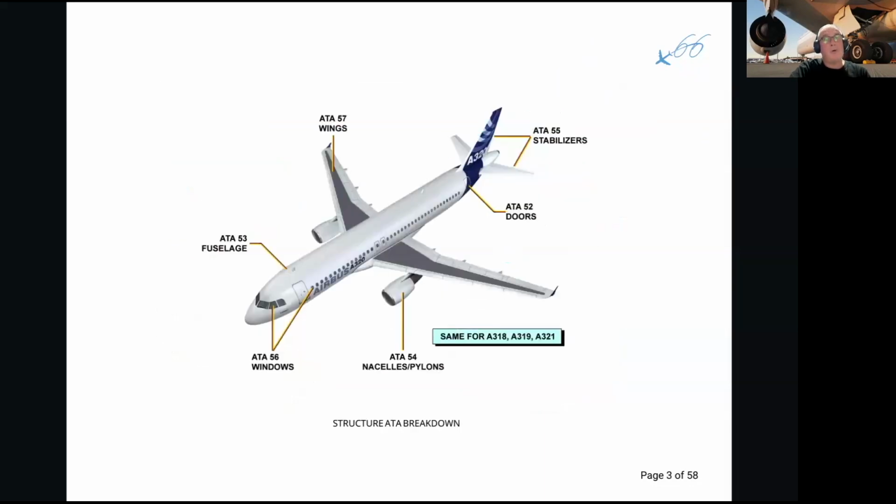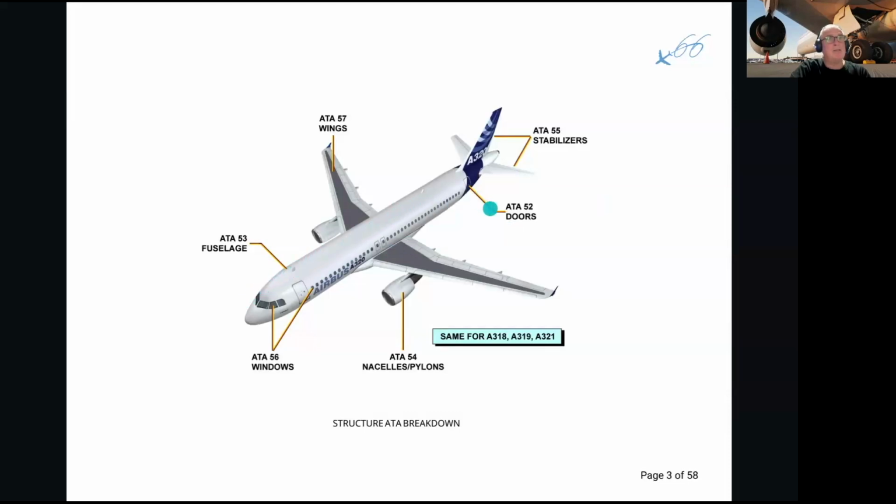On all four models that we have for the 320, they are all categorized. They have ATA chapters in the following sort of layout for all four different variants, the 318, 19, 20, and 21. Okay, so ATA 52 is the doors, ATA 53 is the fuselage.